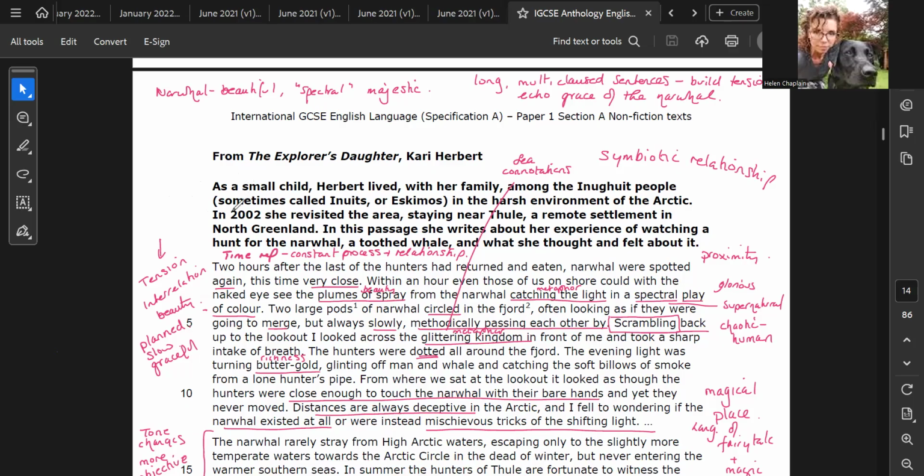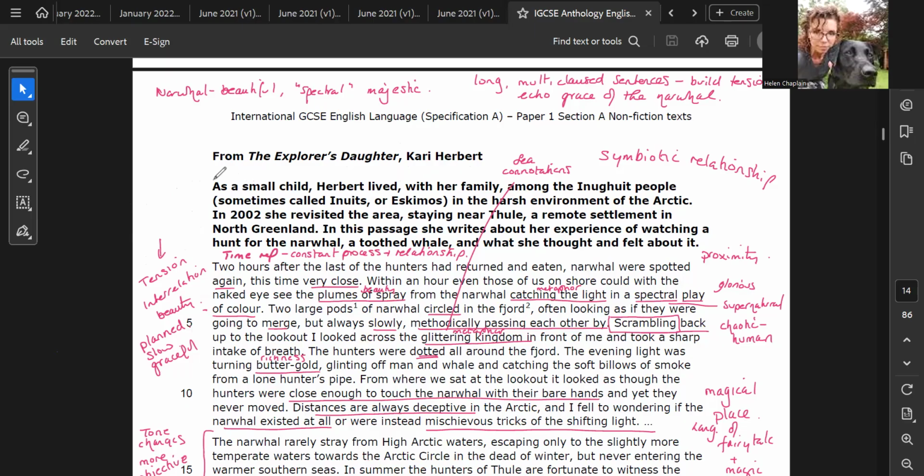The whole idea of this is that Herbert is coming at it from two perspectives: both a professional writer who's presenting the research, the background, the more objective information, and a very emotive, very personal, slightly more subjective view.